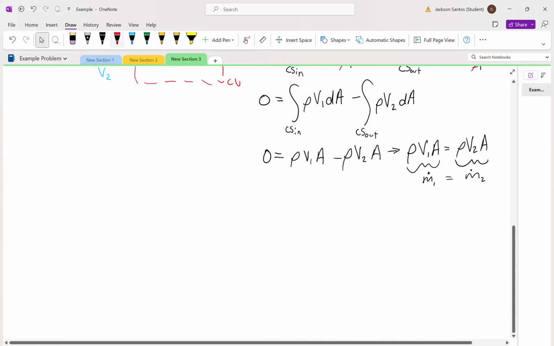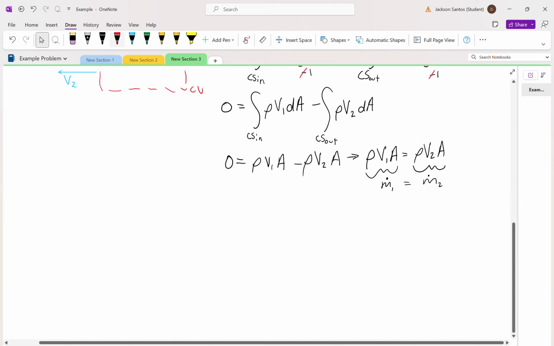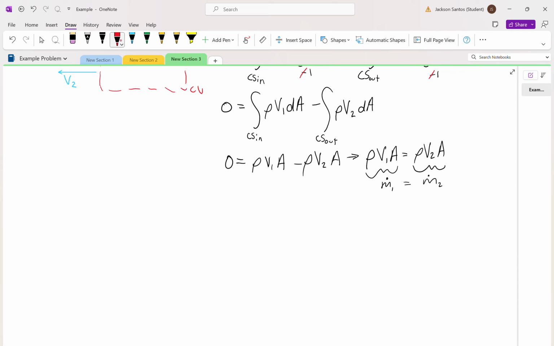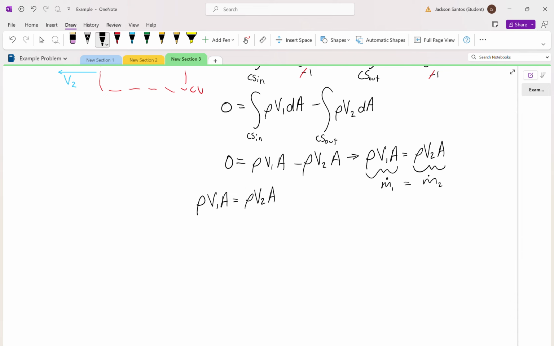So continuing on from that, we're going to take it a step backwards, and we're going to take this equation right here. Let me go ahead and copy that and write it again. This equation right here, we're actually going to be solving for V2.